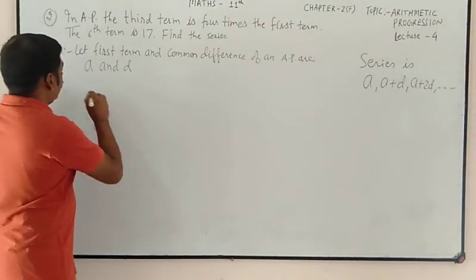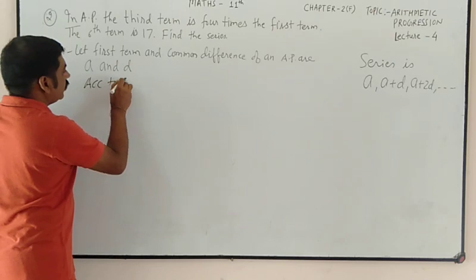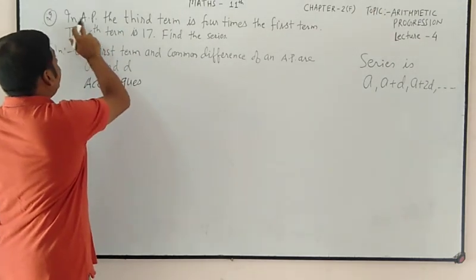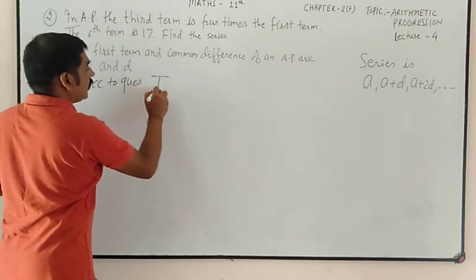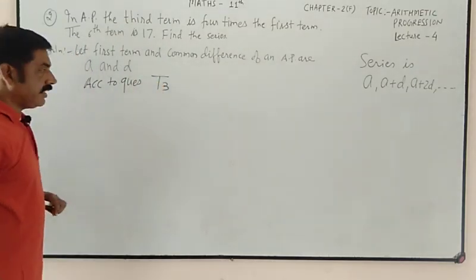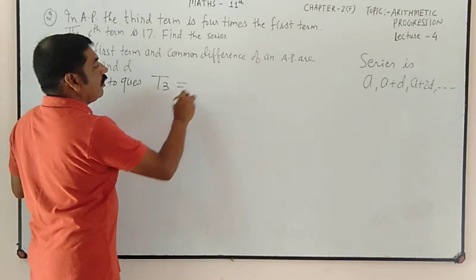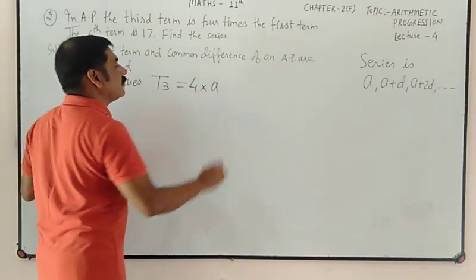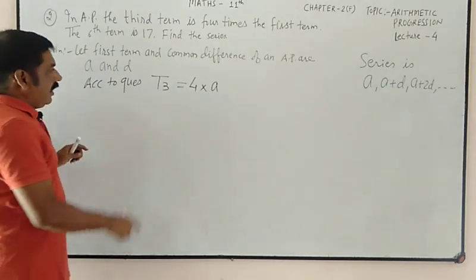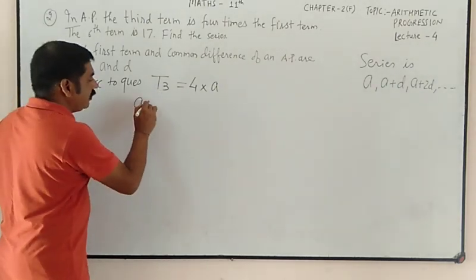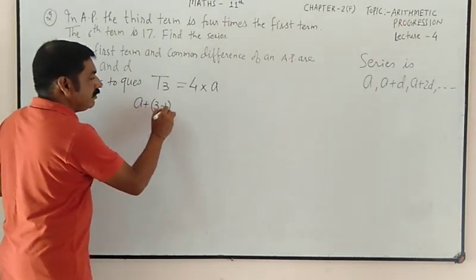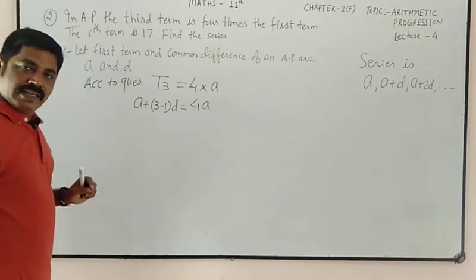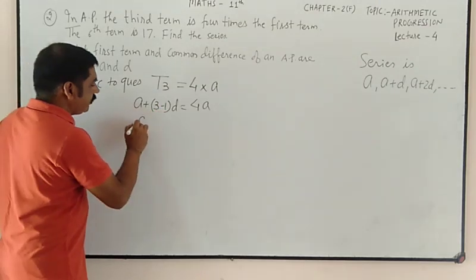Now according to the question, in the AP the third term, T3, is 4 times the first term. Clear? Since T3 is equal to a plus 3 minus 1 into d is equal to 4a. Clear? 3 minus 1, 2d.